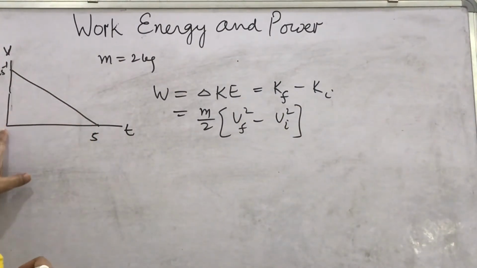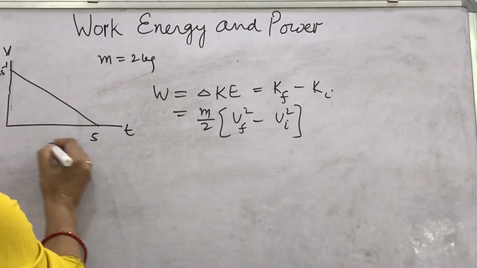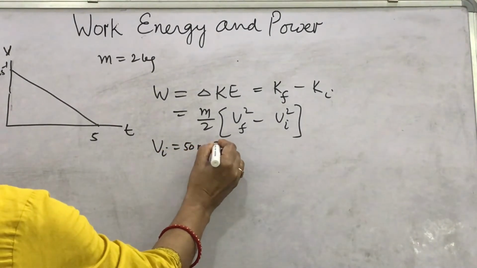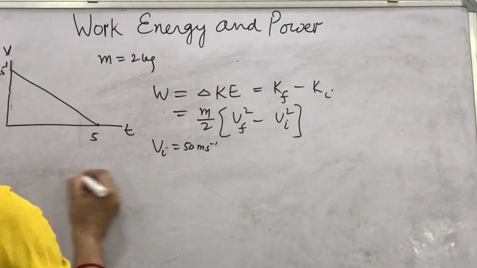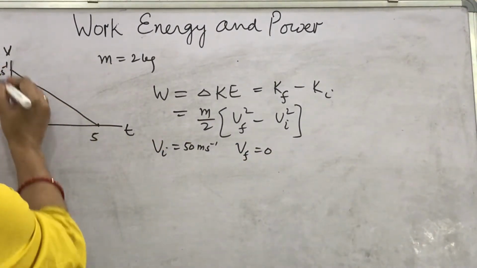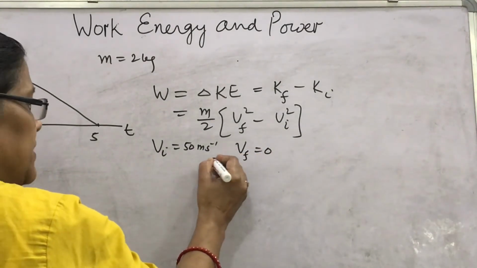Look here, initially at t equal to 0, what is the initial velocity? You will write here this Vi is 50 meter per second, and at 5 seconds the Vf is 0. At the x-axis the value of y is 0. This is velocity here. So what will be the work done here?